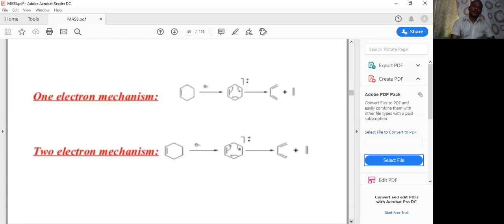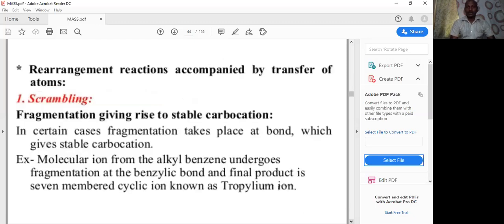Next one is rearrangement reactions, where there will be transfer of atoms. Under that we have scrambling. For example, last class we discussed that if you have an alkyl side chain on the benzene, what happens? The alkyl side chain on the benzene forms the tropylium ion.